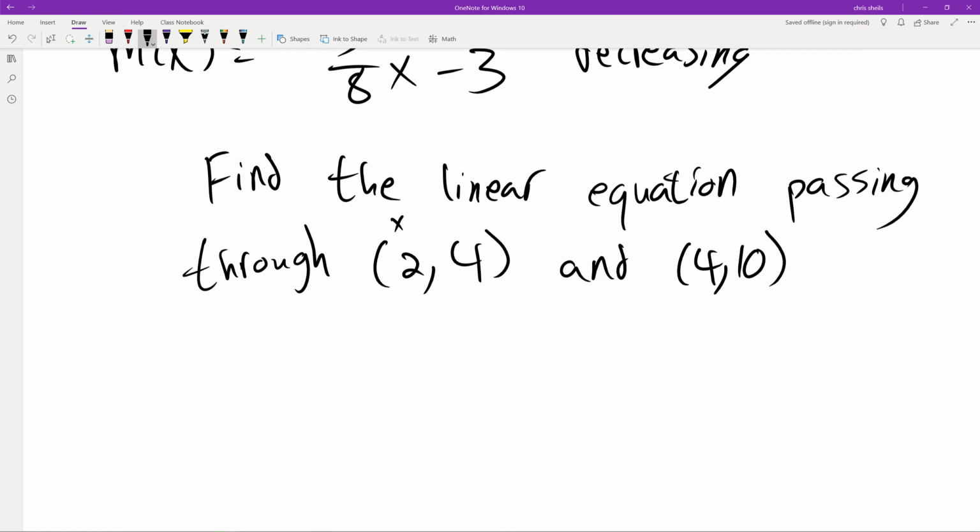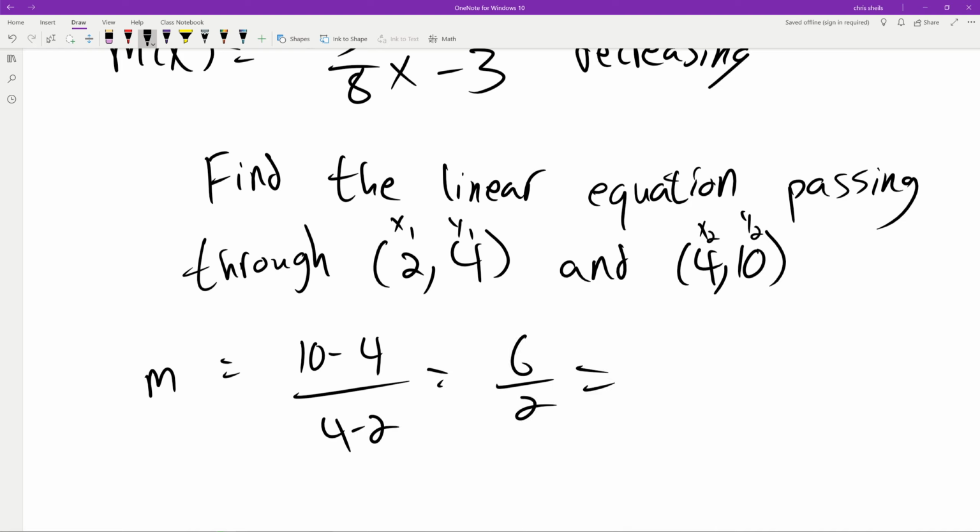Here I can label these x1, y1, x2, y2, and this helps me find my slope potentially. So m is 10 minus 4 over 4 minus 2. This is 6 over 2, which is 3.